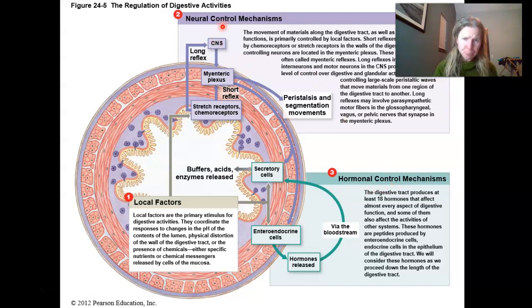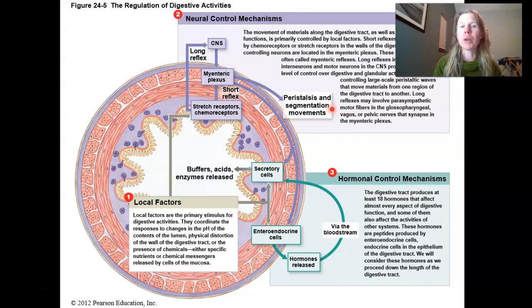And so again, when we think about the neural control here, we're talking about the enteric nervous system, right? Again, part of the autonomic nervous system. And so what they're showing us here, right, is that things like that myenteric plexus, the nerves that are embedded in this muscularis externa layer, that's going to be really important.